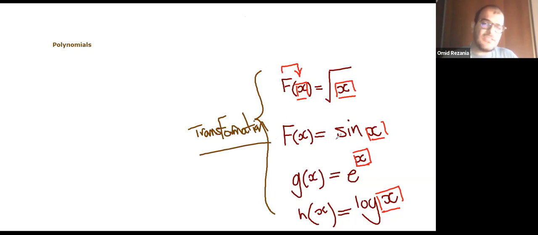We saw different formats, the trigonometric and many others. But right now, we are going to focus on a different type of function, which we call a polynomial function, which is going to be the topic for today.